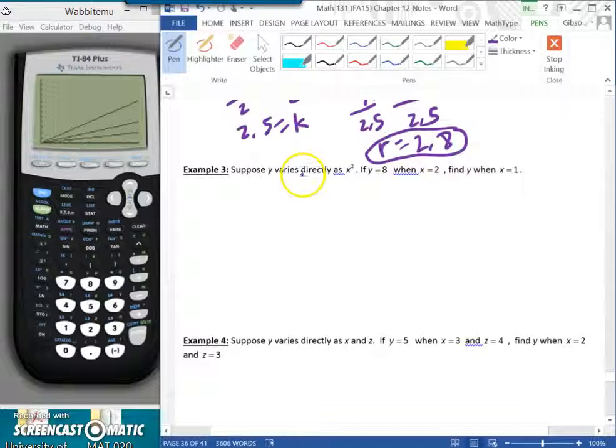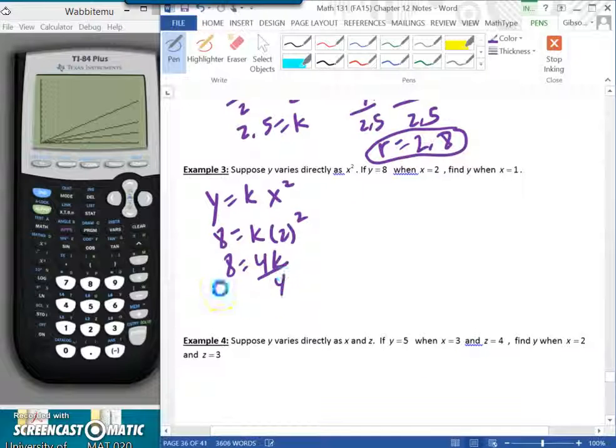Suppose y varies directly as x squared. If y is equal to 8 when x is 2, find y when x is 1. So we have y is equal to kx squared. So now we will substitute. y is 8 and x is 2. So we have 8 is equal to 4k.